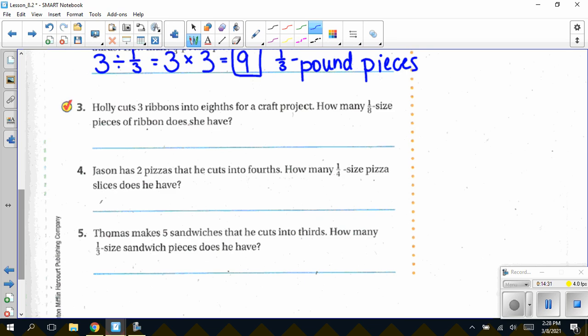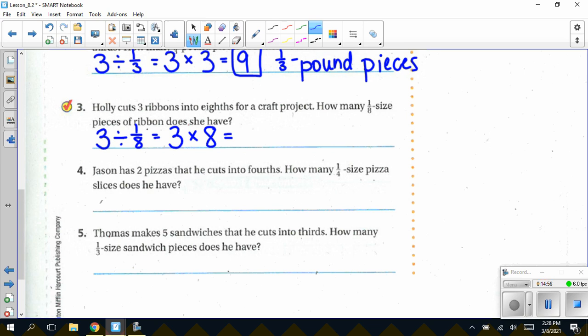Number 3, Holly cuts 3 ribbons into 8s for a craft project. How many 1/8 size pieces of ribbon does she have? So we are starting with 3 pieces, dividing them into 1/8 size pieces. Change that to our multiplication problem. So 3 times the reciprocal of 1/8 is 8.